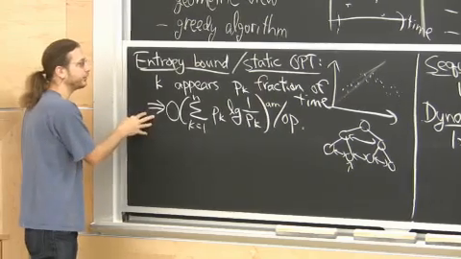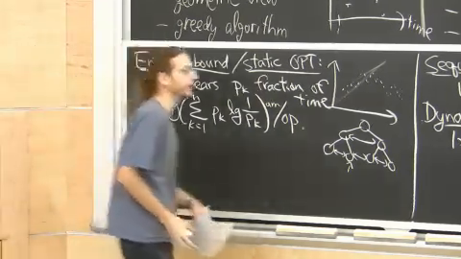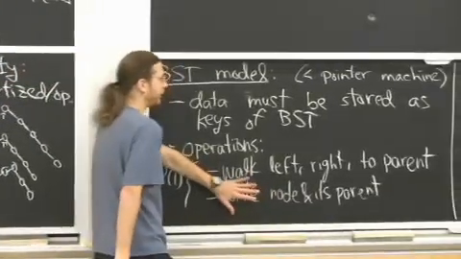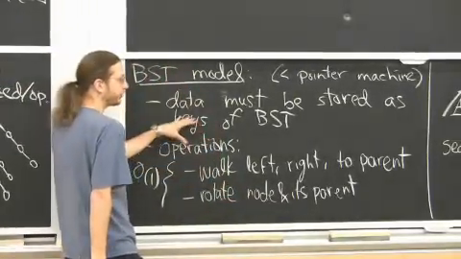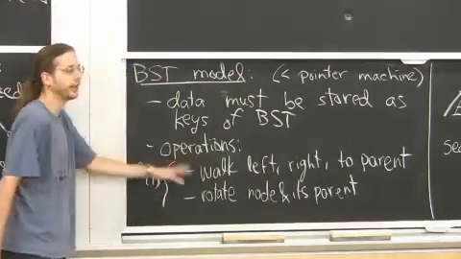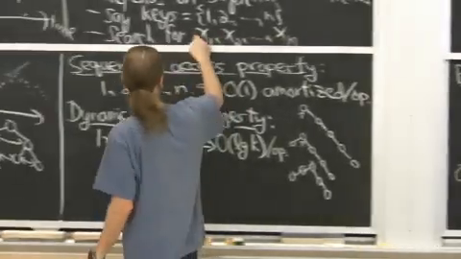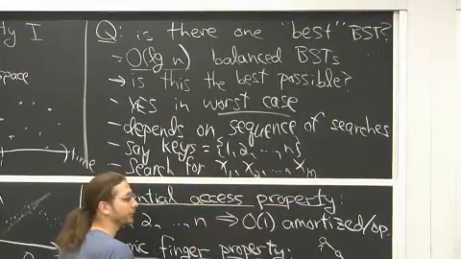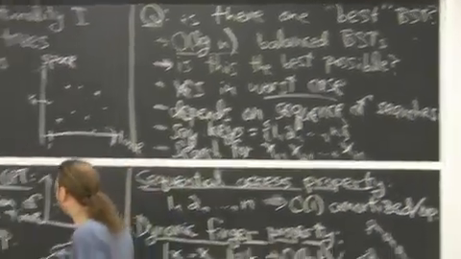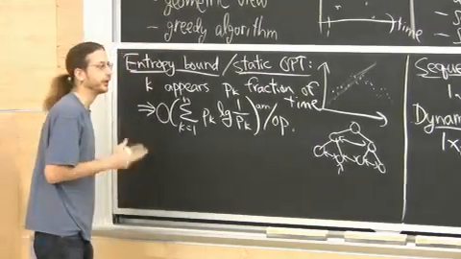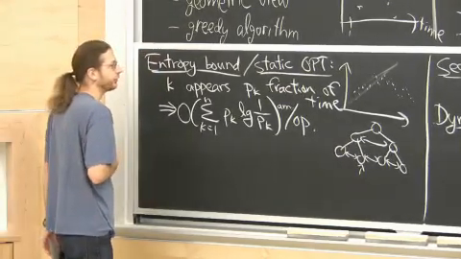So this can be achieved. And in fact, if I change the model to forbid rotations, all I get to do is set up some binary search tree, and then I have to walk left, walk right, walk parent in that binary search tree to do this. So if I get to see the x_i's, then I get to build one binary search tree. This is what's called the static optimal, when you're not allowed to change the tree as you're doing searches.